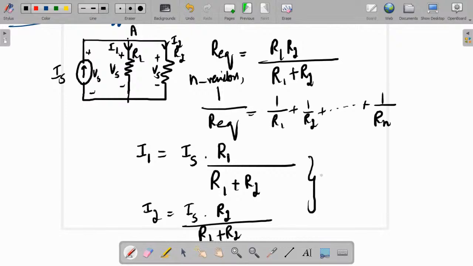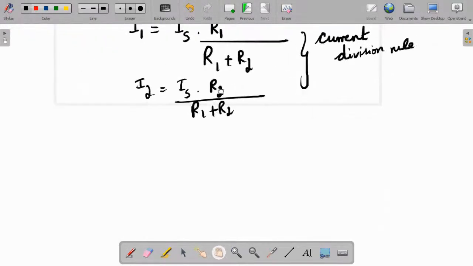This is called the current division rule. If branch current is asked, you can easily solve it by this rule. The same goes for inductors: with inductors L1 and L2, the current through L1, I1, is given by Is into L1 divided by L1 plus L2. So resistor and inductor are similar.